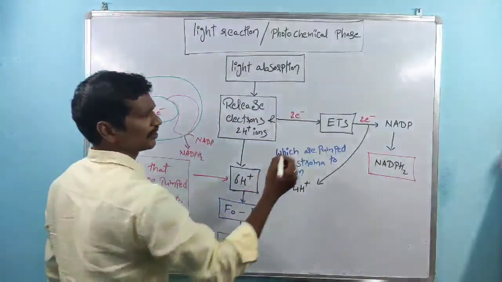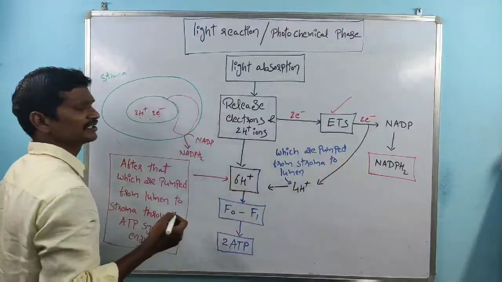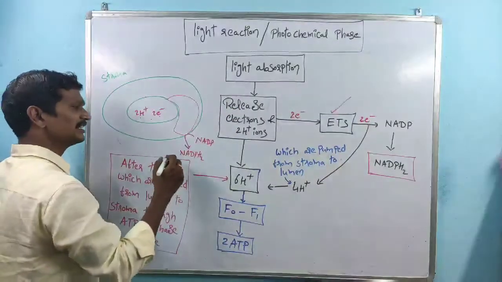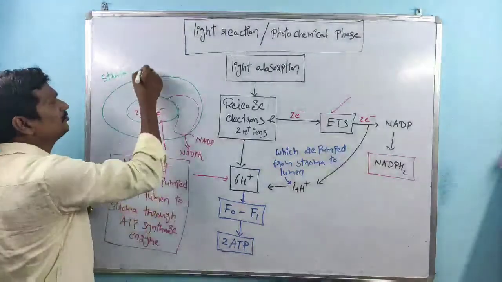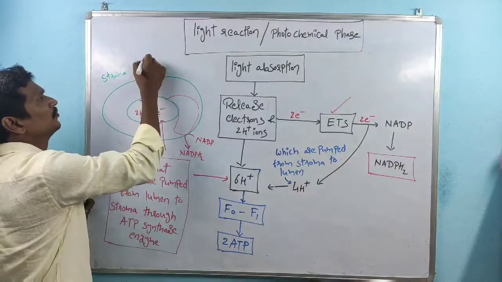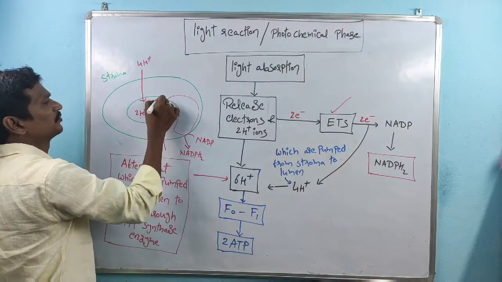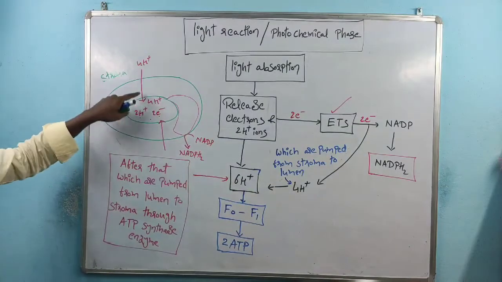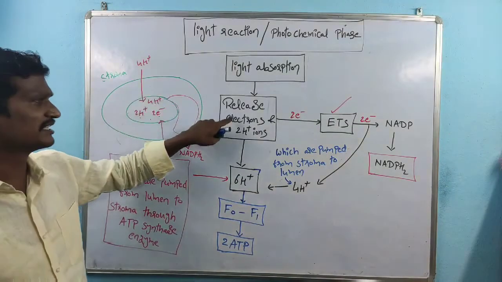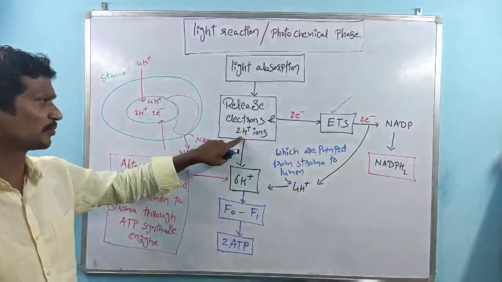The electron transport chain transports electrons, and 4H plus ions are transported from stroma to lumen. This is the stroma, right? Photolysis releases electrons and 2H plus ions.